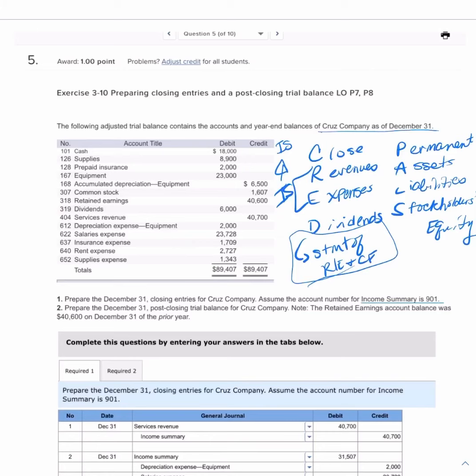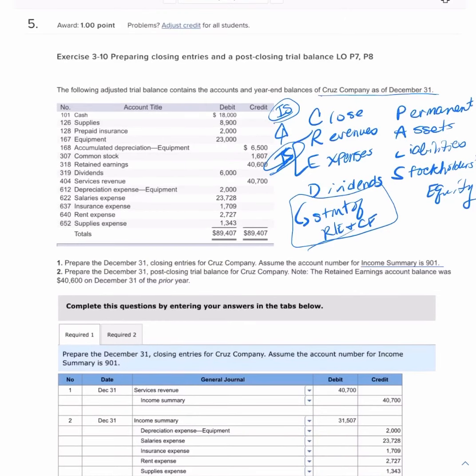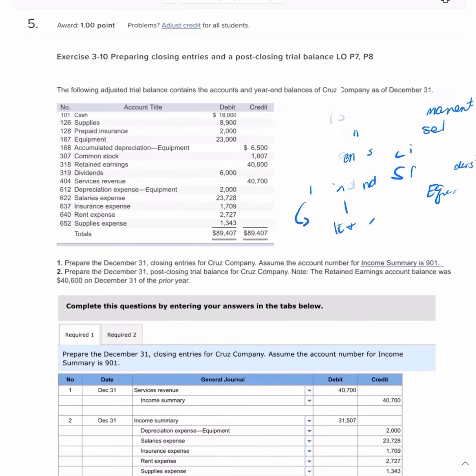So, hopefully that is easy enough to remember. If it is part of the income statement, it will go through income summary. If it is not part of the income statement, it will not go through income summary. So, please do keep that straight as well. So, what we want to see here then is as we go through this, we will identify which accounts need to be closed and which accounts are okay to not be closed.